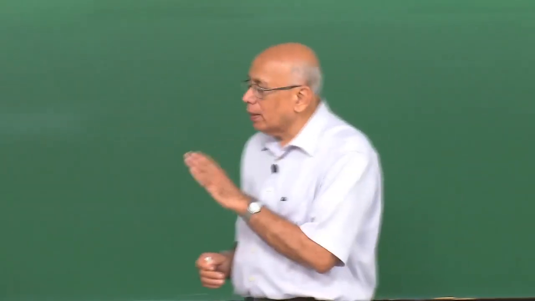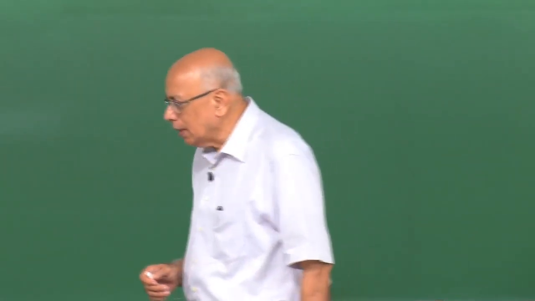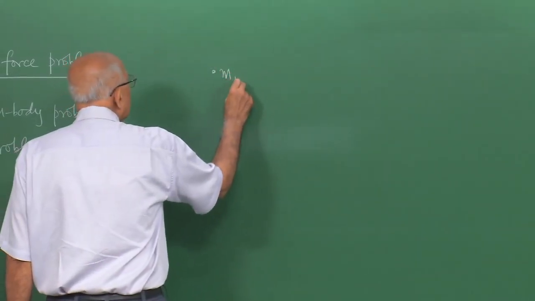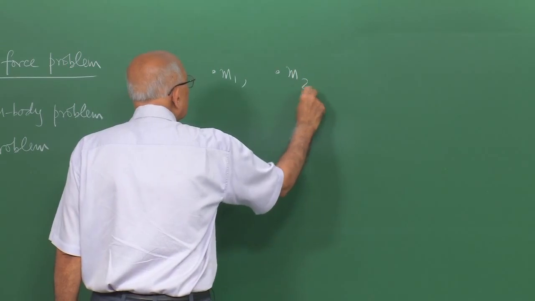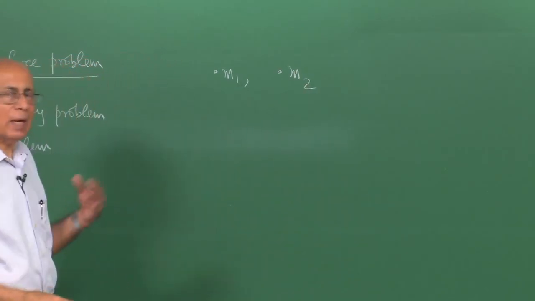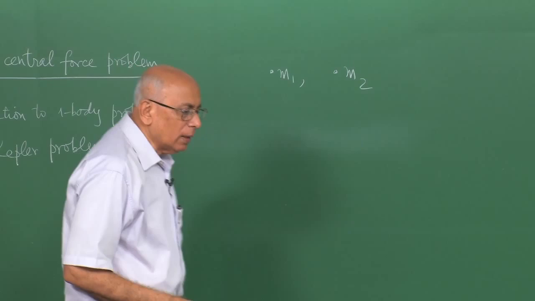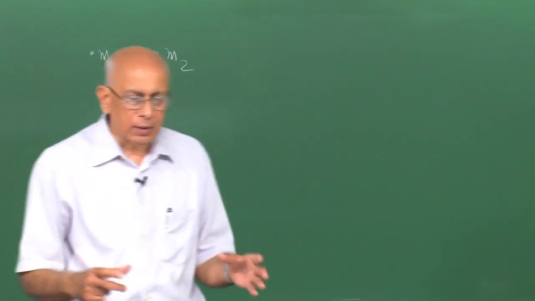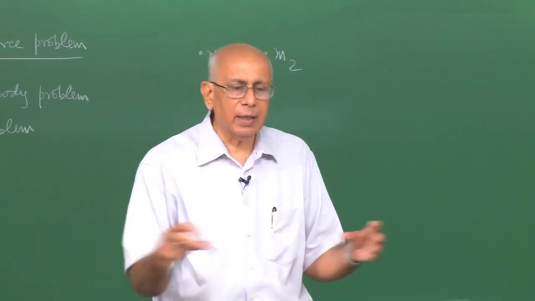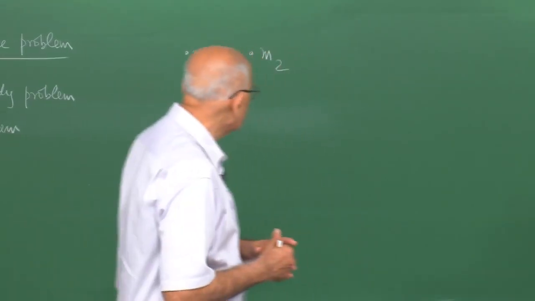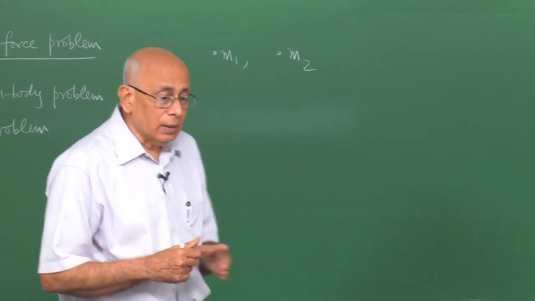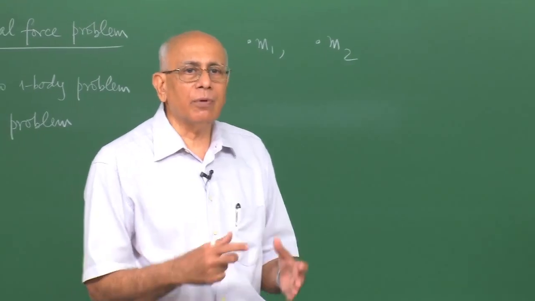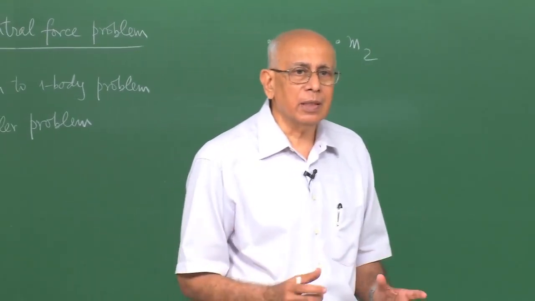Now the general two body central force problem is as follows. You have two particles of masses m1 and m2 with some prescribed momenta to start with, and the question is, if they interact with each other through a central force, namely a force which is directed along the line joining these two particles and which is derived from some kind of potential, can we solve for all the dynamical variables in this problem?